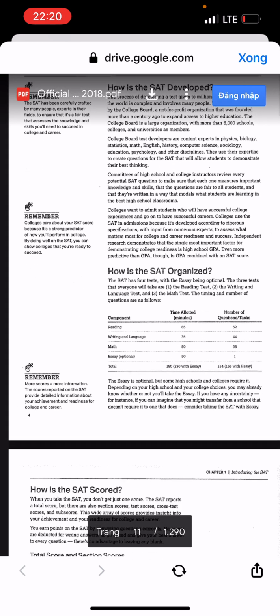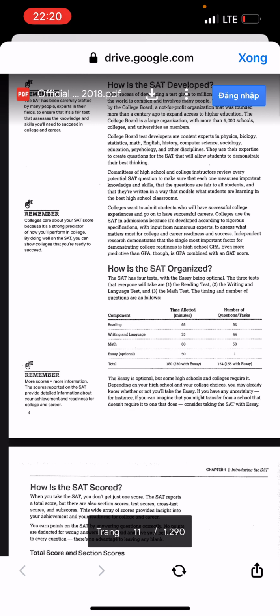For the reading test, the time allowed is 65 minutes and the number of questions is 52. For the writing and language test, the time allowed is 35 minutes and we have 44 questions. For the math test, the time allowed is 80 minutes and the number of questions is 58.